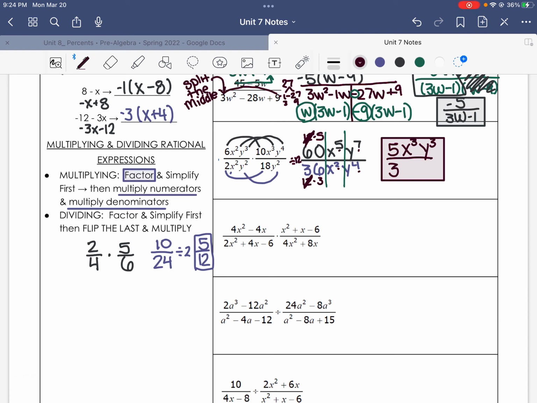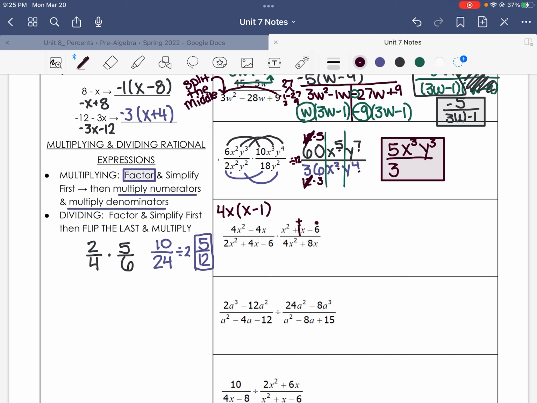Now it does get a little bit different for the next one, because I actually can factor. And I have set up these problems to leave you enough space above and below it on purpose. I'm going to factor each one above it if it's a numerator or below it if it's a denominator, like this. 4x squared and negative 4x can both be divided by 4x, leaving you with x minus 1. On the right, I have 3 terms, so I need to find what multiplies to negative 6 and adds to 1 in the middle.